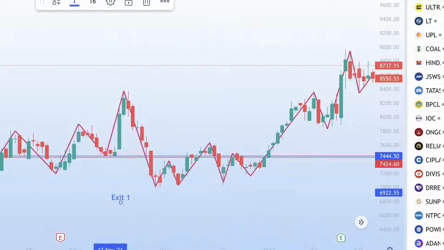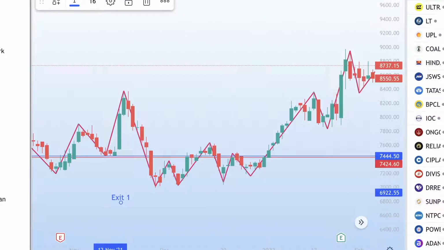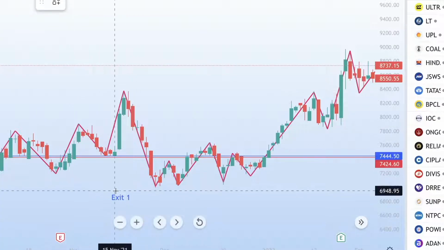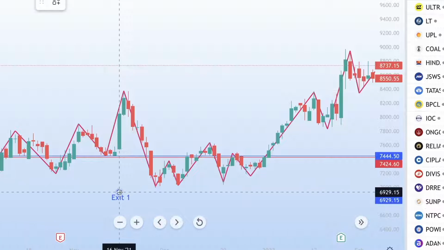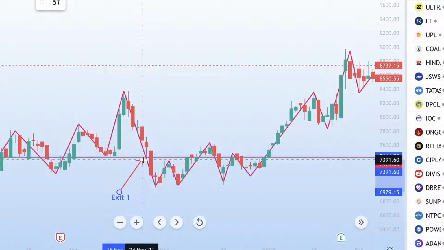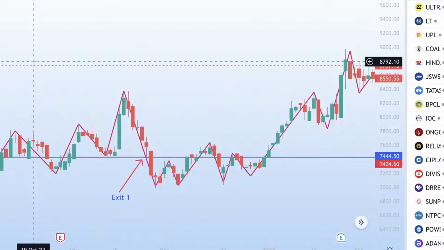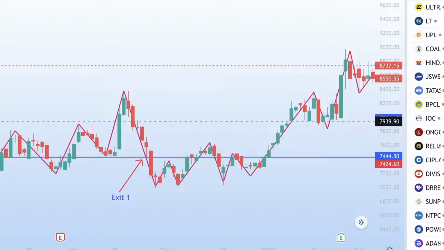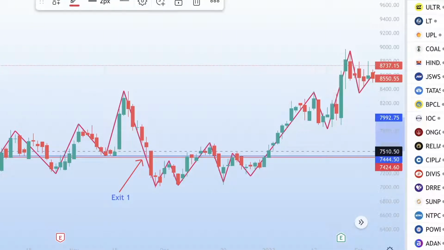Exit 1. You can connect it or make it clear by using this arrow tool, so we know which candle you are referring to as your exit. So in this case, our exit was this candlestick. And our entry was this candlestick.